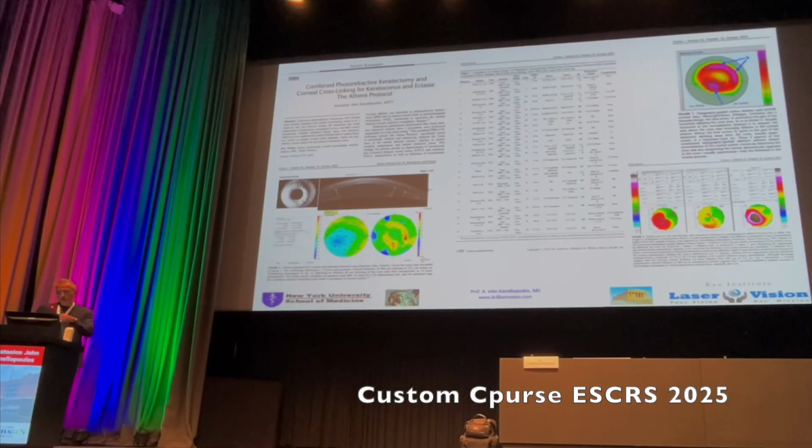I guess I will, because this paper popped up first. This is our combined surface ablation cross-linking for keratoconus that I was asked by the Journal of Cornea to write an editorial on, since now it's considered one of the ways we formally treat keratoconus.